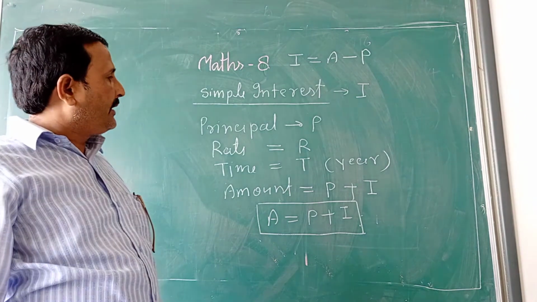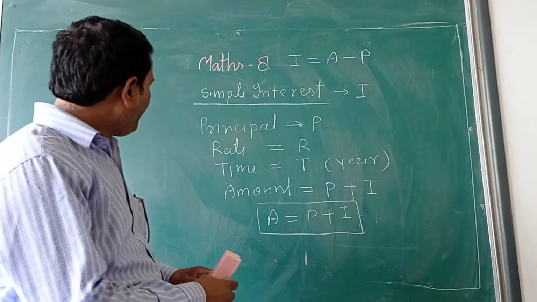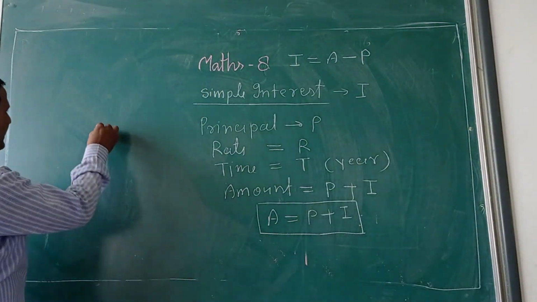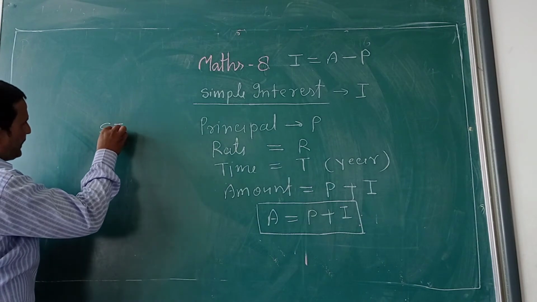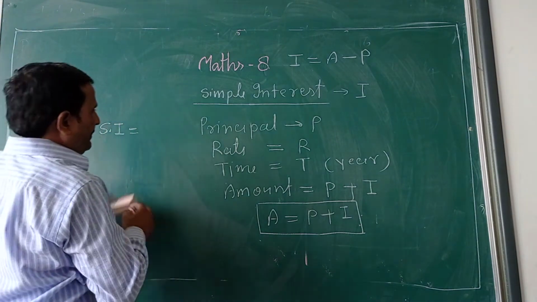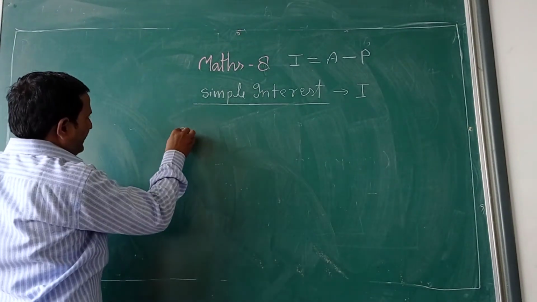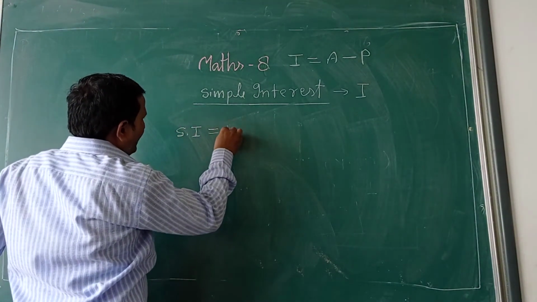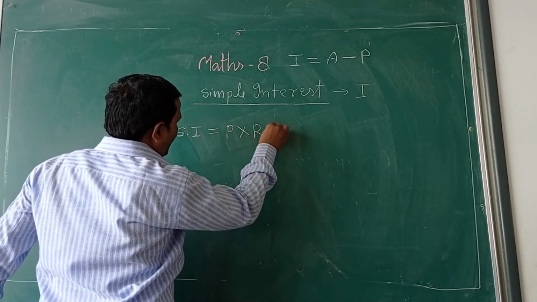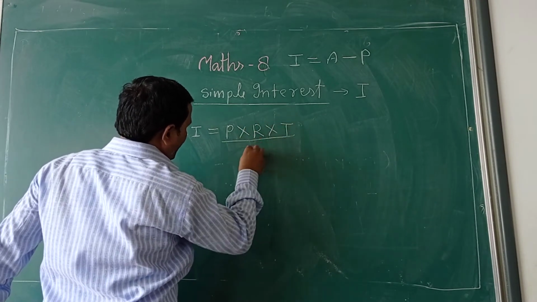Simple interest, how can you calculate it? SI is equal to principal into rate into time upon 100.